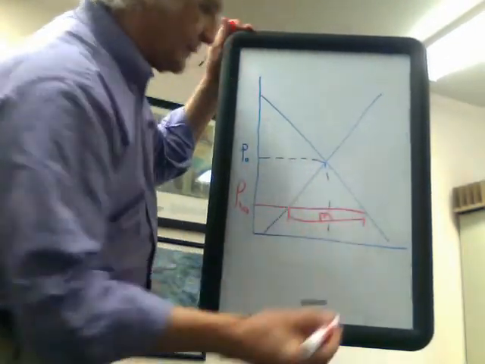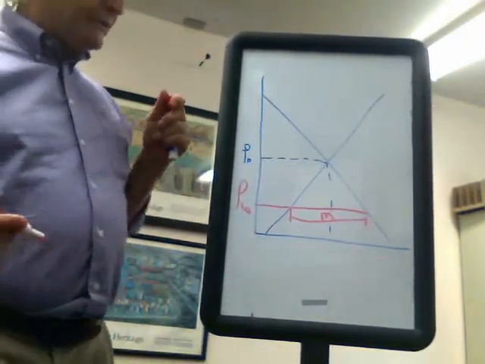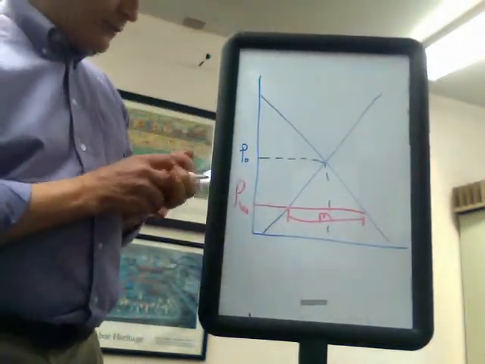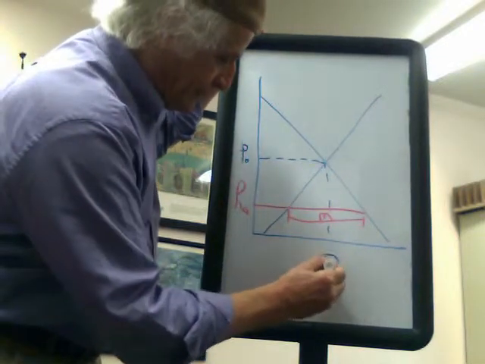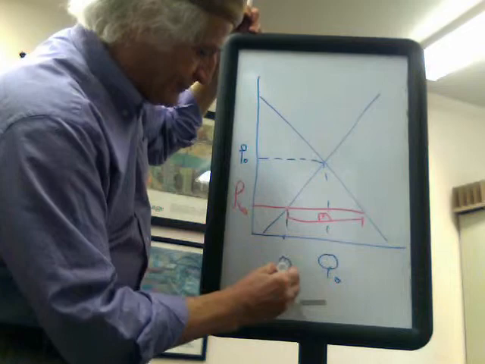So these will be the imports. And the domestic producers, instead of producing this quantity Q sub O, are going to be producing only Q sub 1.